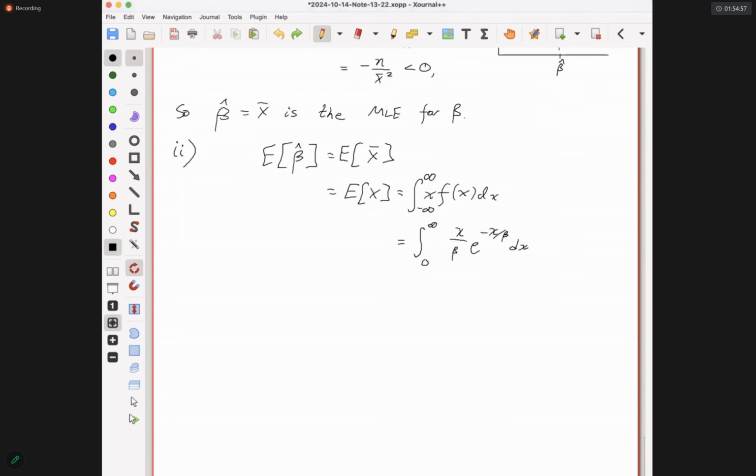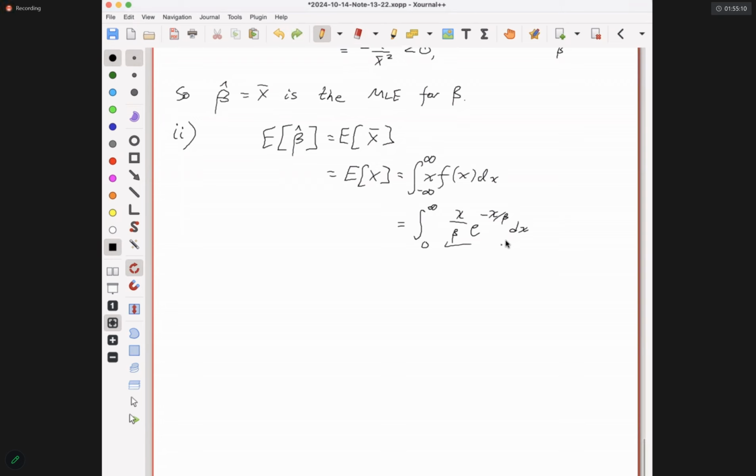So antiderivative is the same thing as the indefinite integral. So we're looking for the function that has this thing as its derivative.